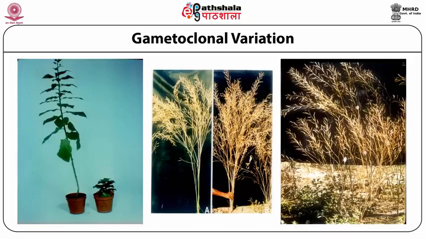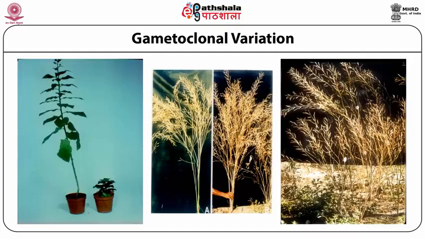There's a lot of variation, and people have been able to isolate from this variation a large number of useful plants. So genetic variation taken advantage of from the haploid progeny is called gametoclonal variation. And using this technology, improved varieties of crop plants have been obtained, such as the Dama variety of rice.